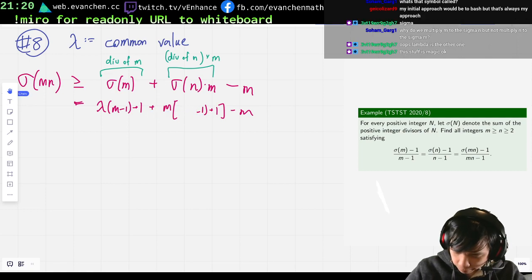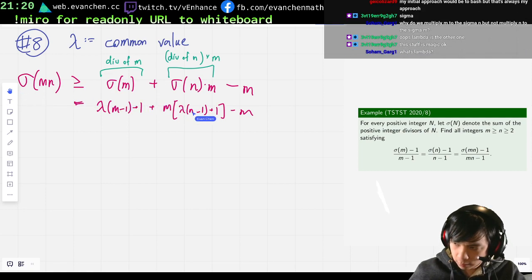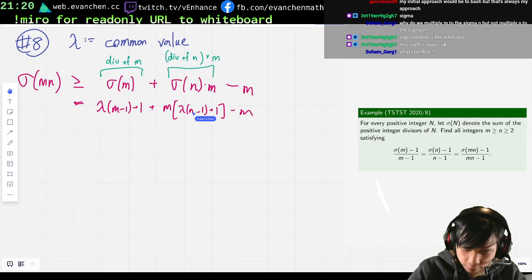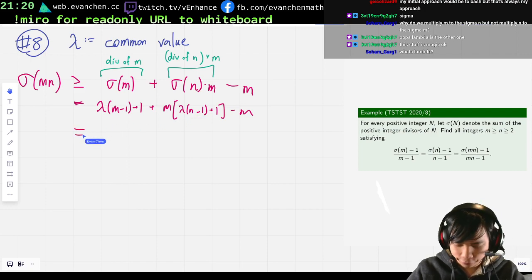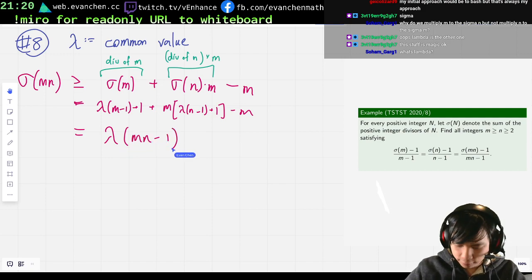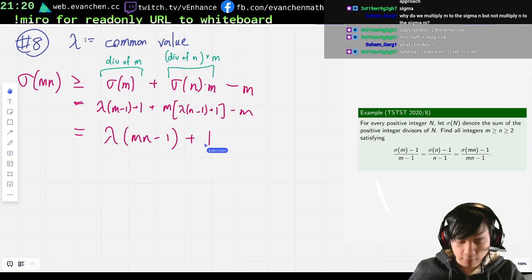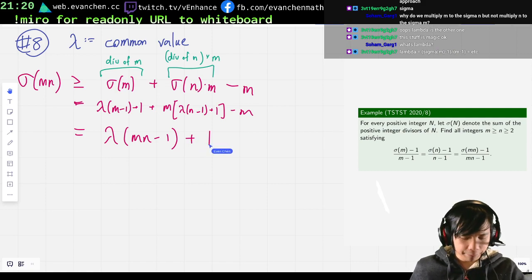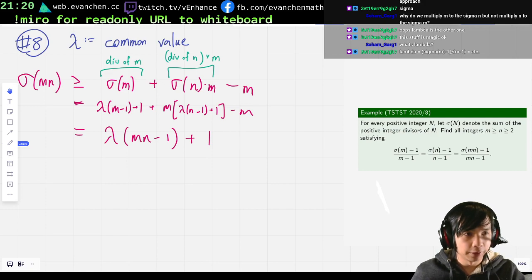Or no, it's just sloppy. And when you compute this, lo and behold, you will find that this is given exactly by lambda times mn minus 1 plus 1, which might look like a miracle unless you happen to know what the answer is, which I'll tell you now for the people who haven't noticed.